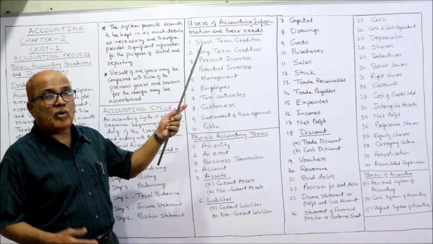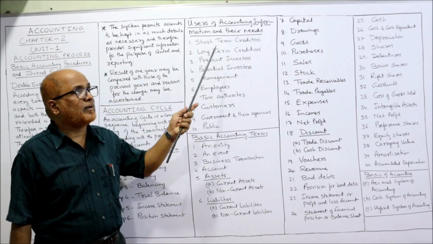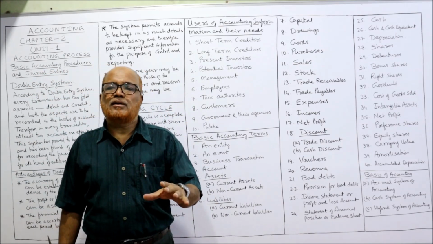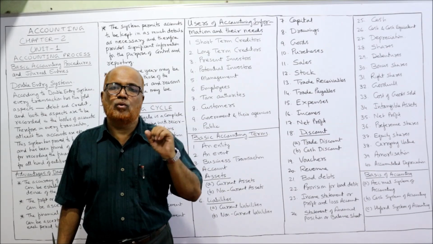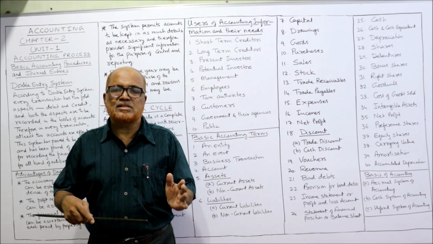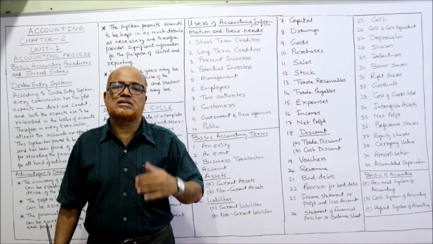So who are the persons who use the accounting information? Short-term creditors. The short-term creditors are the suppliers of goods. Normally a business will purchase goods from the supplier on credit.